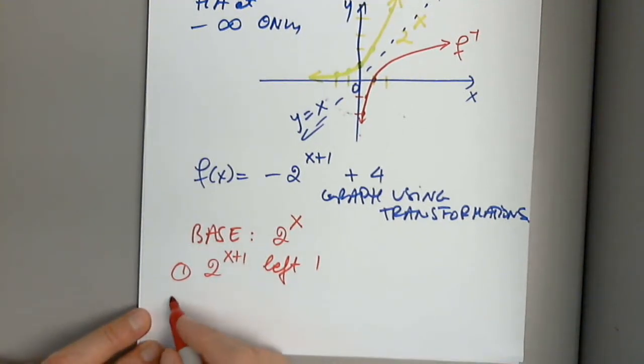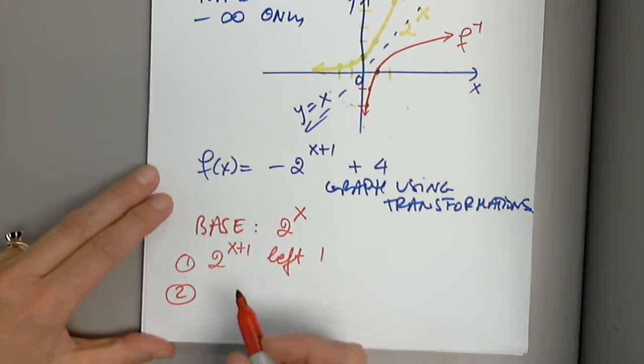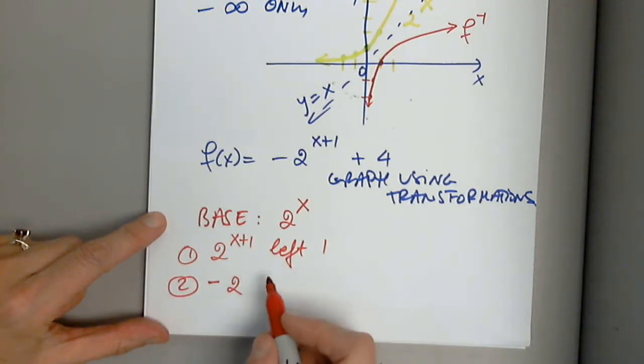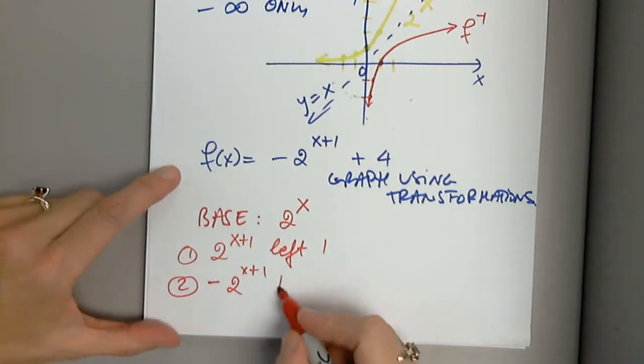Perfect. Number 2 is the next transformation in line on number 1. I multiply all y values. It's outside. It doesn't touch x by negative 1. When I multiply the y values by negative 1, what do I do? Reflect with respect to the x-axis.